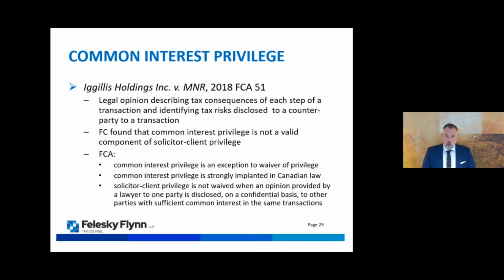So usually when you're working on an M&A deal, there will be the opportunity to say, look, we have a sufficient common interest in closing this transaction, sharing certain privileged communications with one another and certain other confidential information with one another will help us advance the transaction, advance the negotiations, and doing so is not a waiver of privilege.